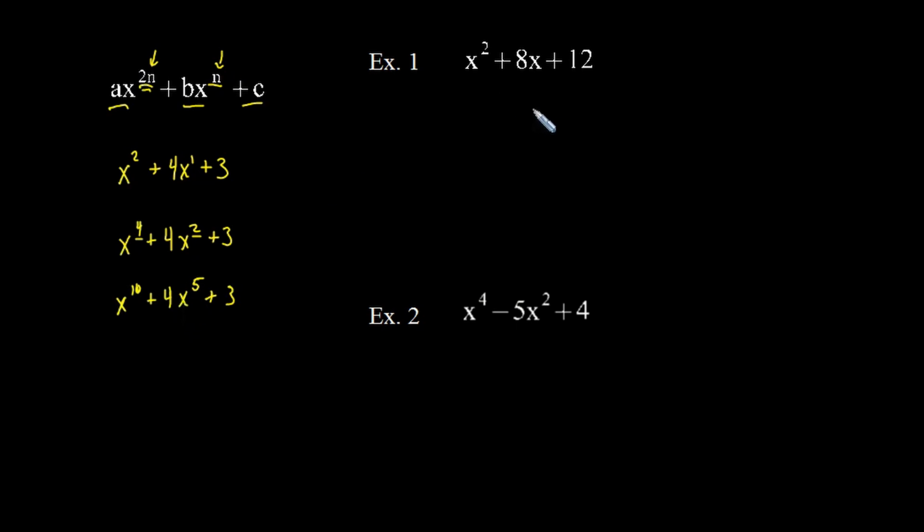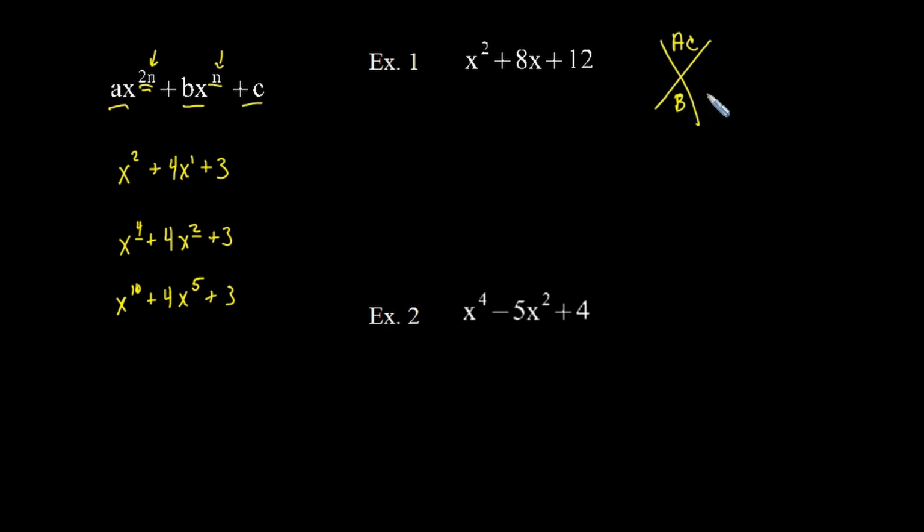I have a very simple one here. Almost every method, other than guess and check or trial and error, revolves around taking a times c and then finding the factors that give us b, whether we're splitting the middle term or using the x method. I know there's a slip and slide and a bottoms up. There are several different methods to factoring trinomials.